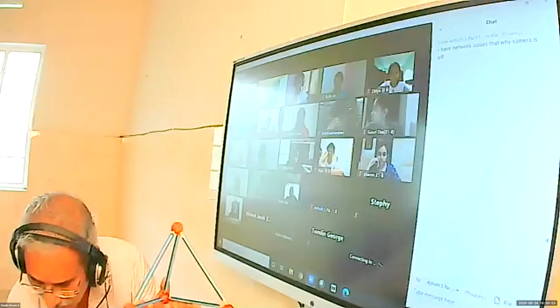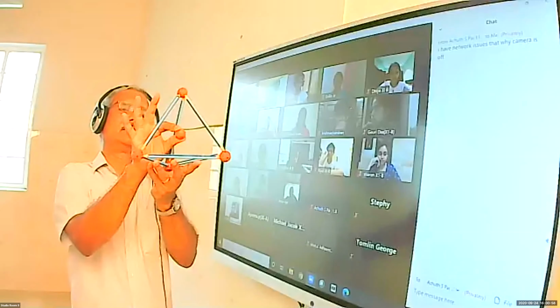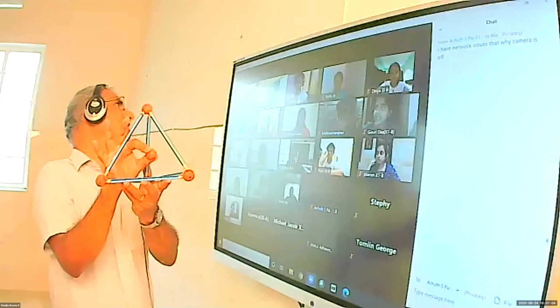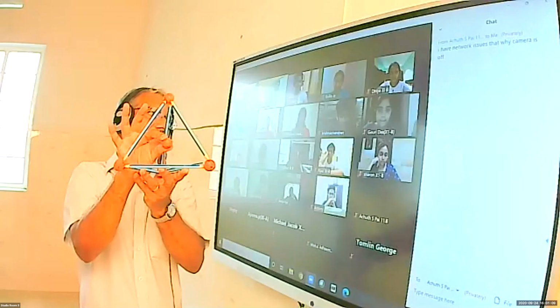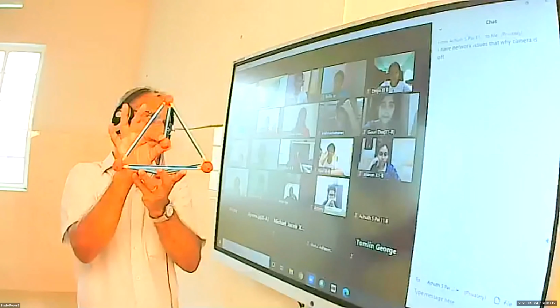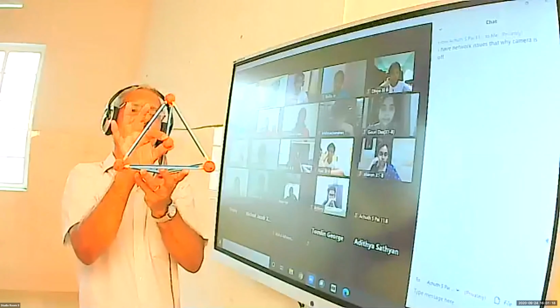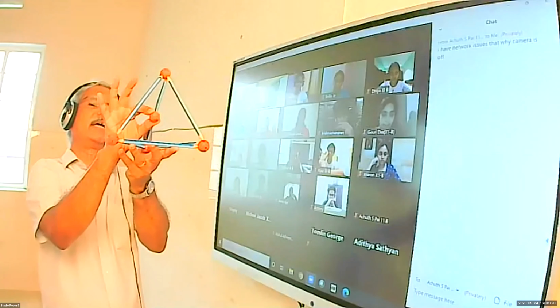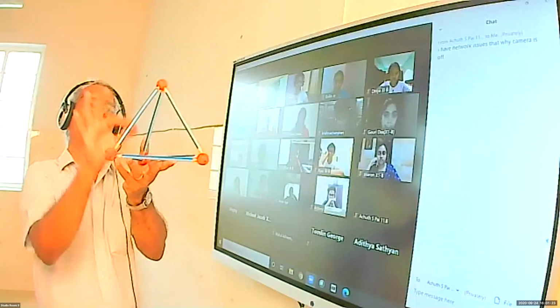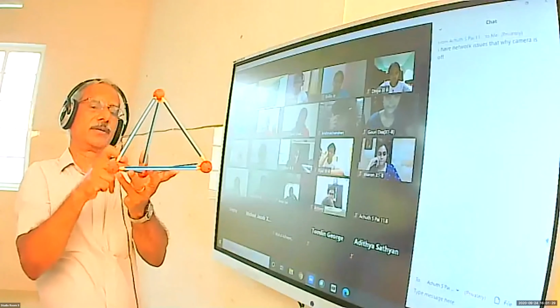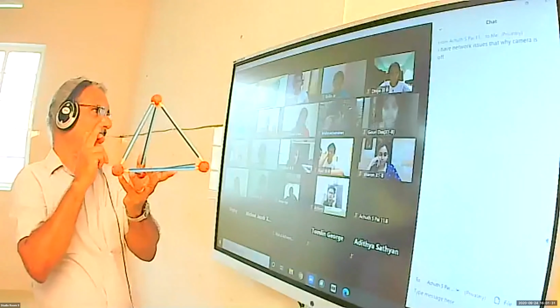At the center there is the atom undergoing hybridization, and from that atom we have 4 sp3 hybrid orbitals directed towards the corners of the tetrahedron. One is going upwards, one is going to this corner, another to that corner, and the other one to this corner. That will be the direction.